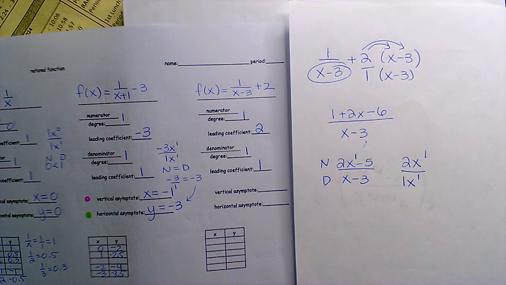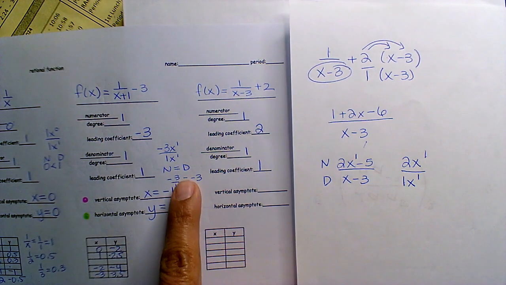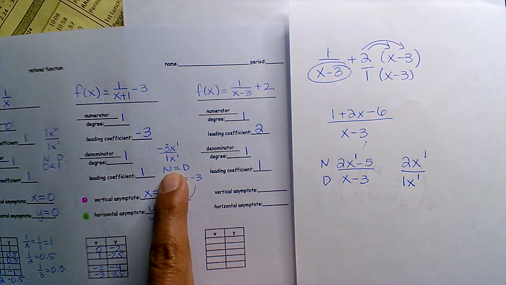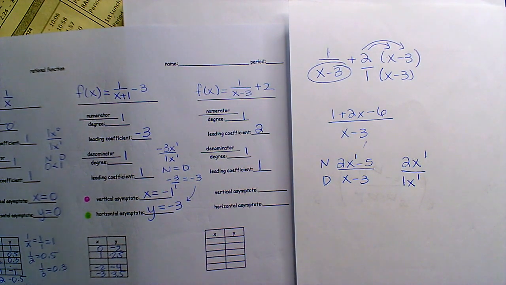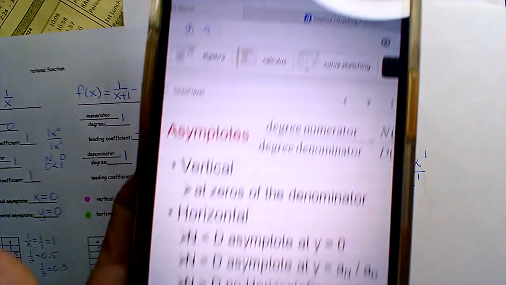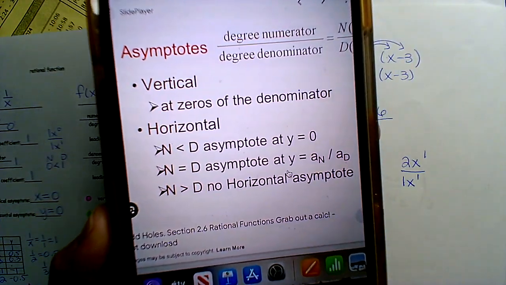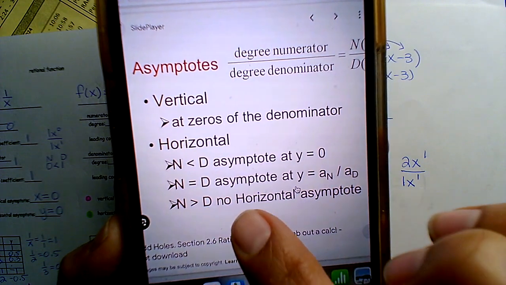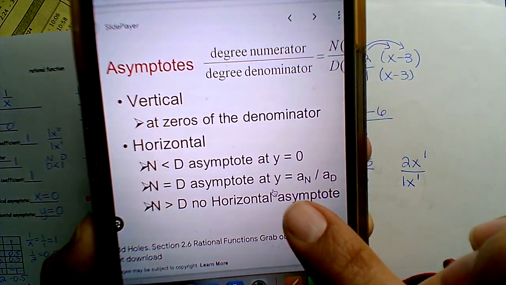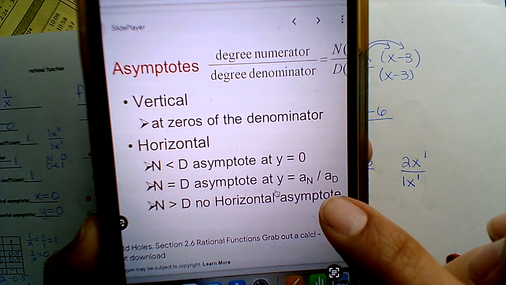This is how I'm used to learning it, and that's why as I go through them, I'll compare the numerator to the denominator. If the numerator is equal to the denominator in degree, then the asymptote is equal to the leading coefficients as a fraction.